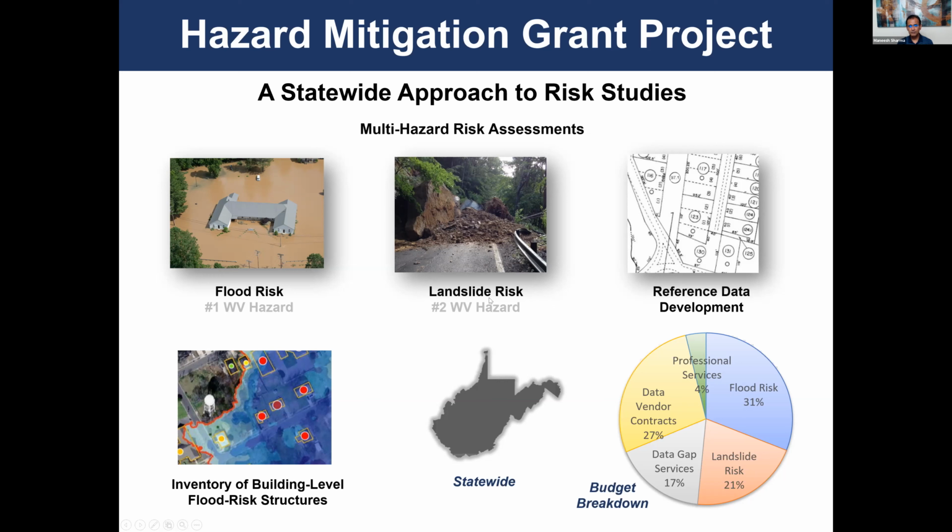Aaron presented on landslide. Kevin Kuhn will be presenting, I think, in another group about the data development, if not in this group. And I'll talk about the flood risk. All this study we are doing at building level, at flood risk structures, and it is a statewide study.